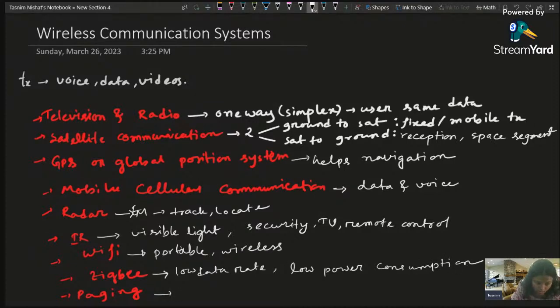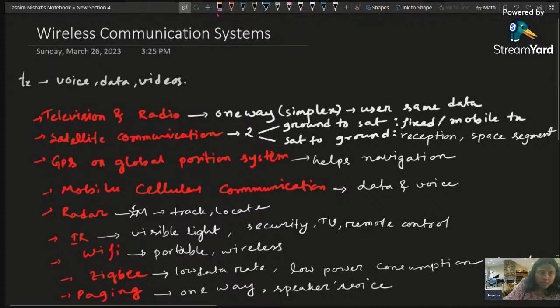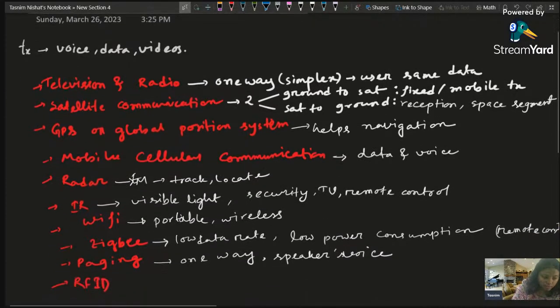Paging is one way, and it allows to give speaker voice data. This is for remote control application, and this is for speaker data. And finally, we have RFID, which stands for radio frequency identification.